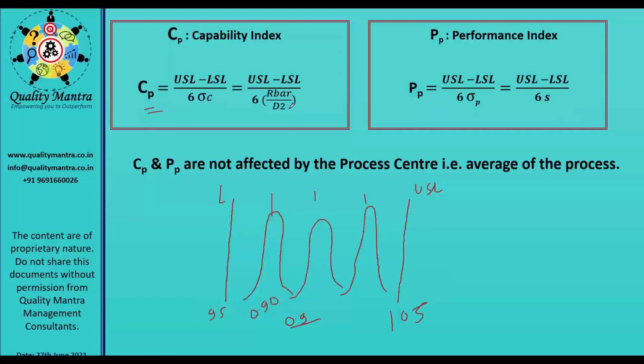Because R bar by D2 is basically the standard deviation, you got this value of 0.9. How much is the value of CP? You have the LSL, you have the USL, you have the R bar by D2 value. So how much is it?